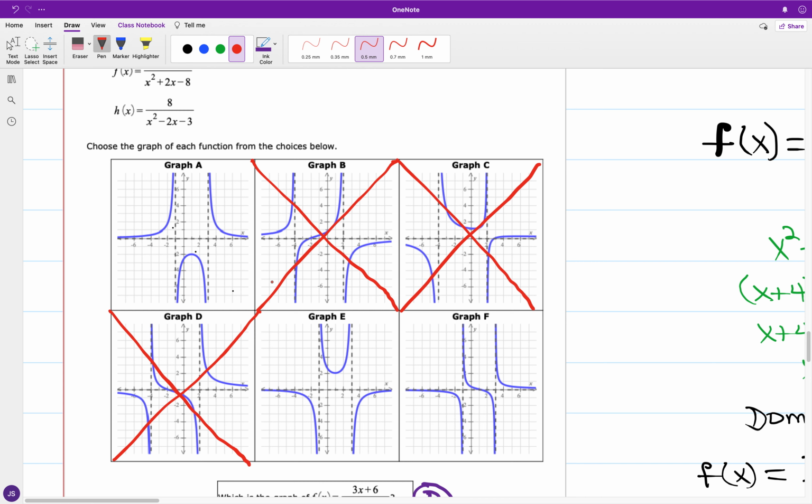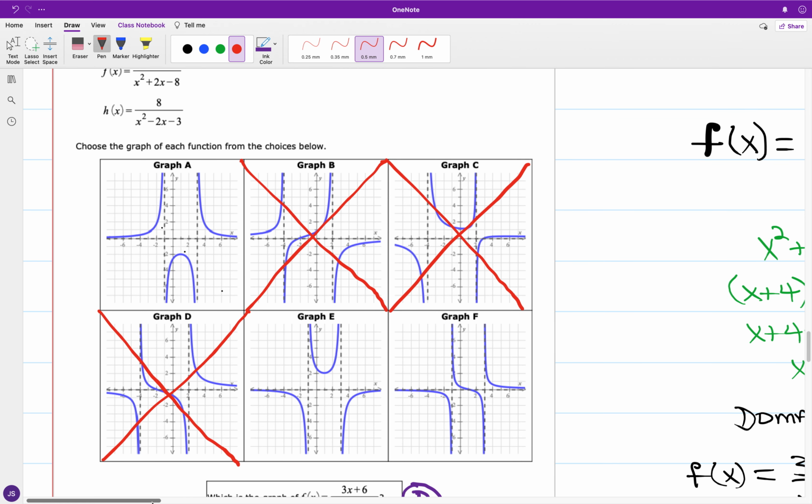This time, graphs A, E, and F, which were the first to be eliminated in testing for the graph of the function f of x, are now the ones in the running in terms of defining h of x.